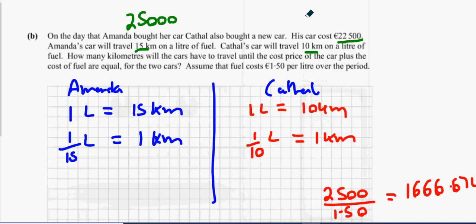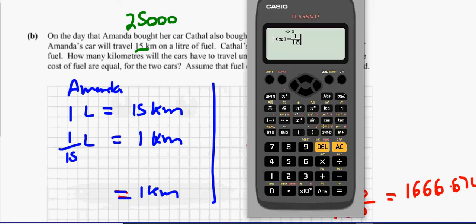I'm also going to find the cost of 1 kilometer for Amanda. How do I find that? See the way 1/15th of a liter gets Amanda 1 kilometer. So why don't I multiply 1/15th by €1.50? It'll give me the cost for 1 kilometer. Does that make sense? So multiply 1/15 by 1.5.